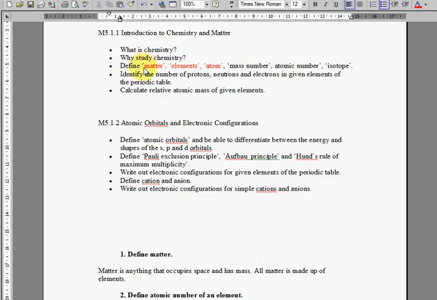Okay, so if I briefly look at the 3 topics right here, matter, elements and atoms, we can briefly just cover them. So for instance, it says down here that matter is anything that occupies space and has mass. All matter is made up of elements.